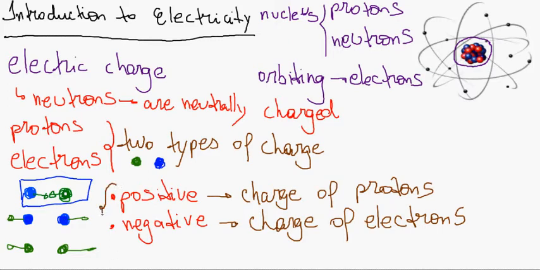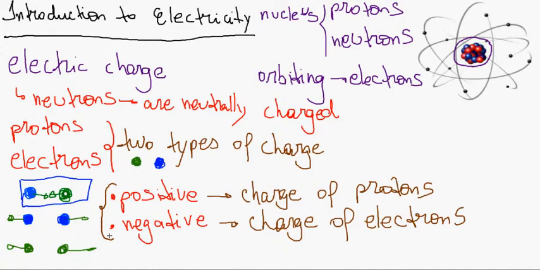So you don't have to say, we call the protons positive, so they are good people, and we call electrons negative, so electrons are mean to people. No, it's just a name. If we wanted to call the protons negative, it was okay, but it isn't what we did. We decided we're going to call the charge of protons positive and the charge of electrons negative. So please understand this. It's just a name. We just had to give a name, and we gave this name.